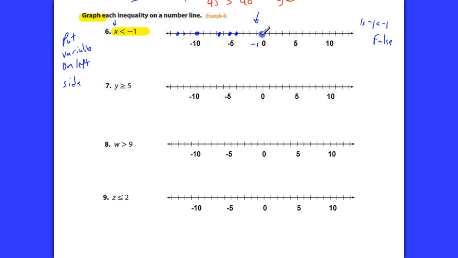So here's what I have to do. I have to somehow start a mark at -1 but not include that. Here's how you do it. This is really important. On the -1, make an open circle and make it clear that that's an open circle on -1. The open circle is a boundary.